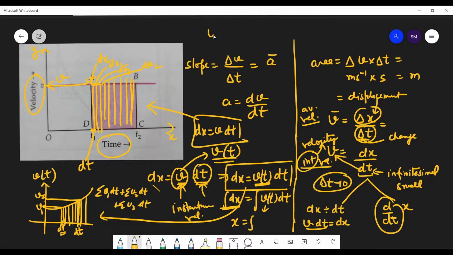Suppose v(t) equals 3t, so I will put 3t into dt, and then I will integrate it and we'll get the total displacement. I hope this is clear to everyone, that this velocity time graph will tell you the displacement, even if this is changing, even if this is constant.